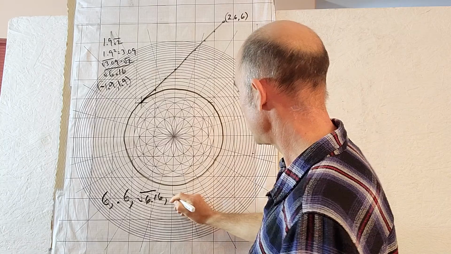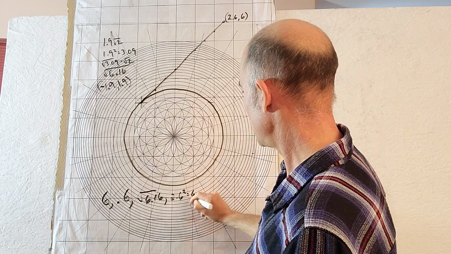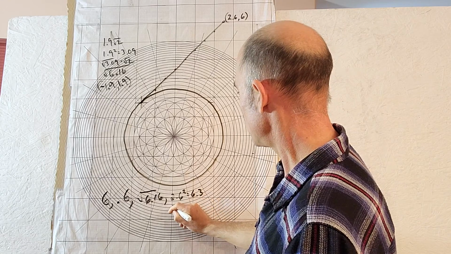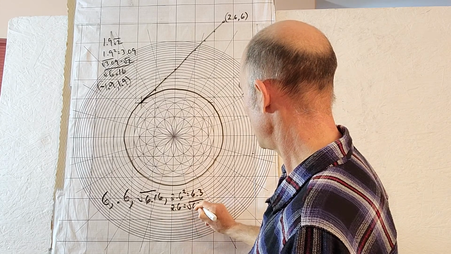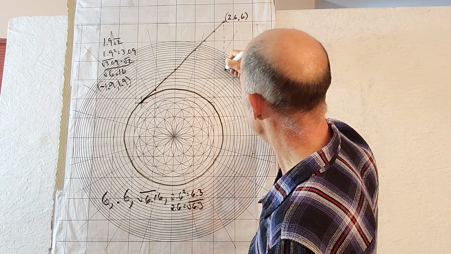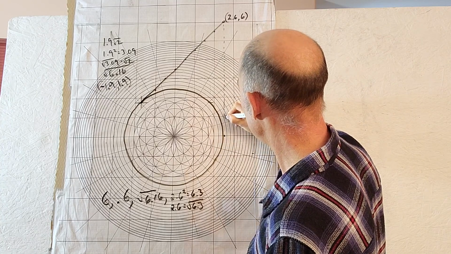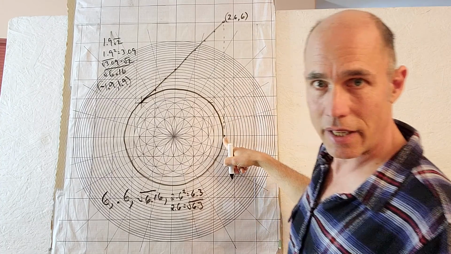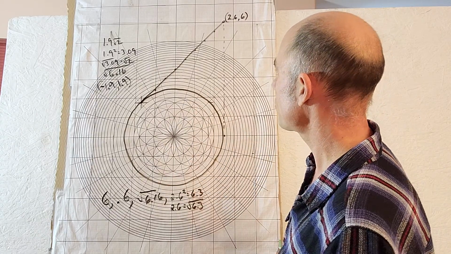So I'll just write that down here. 2.6 squared equals 6.3. So 2.6 equals the square root of 6.3. And that's where, if you draw a straight line going down here, we come to this point right there. Just again, outside of the square root of 6 radius circle.